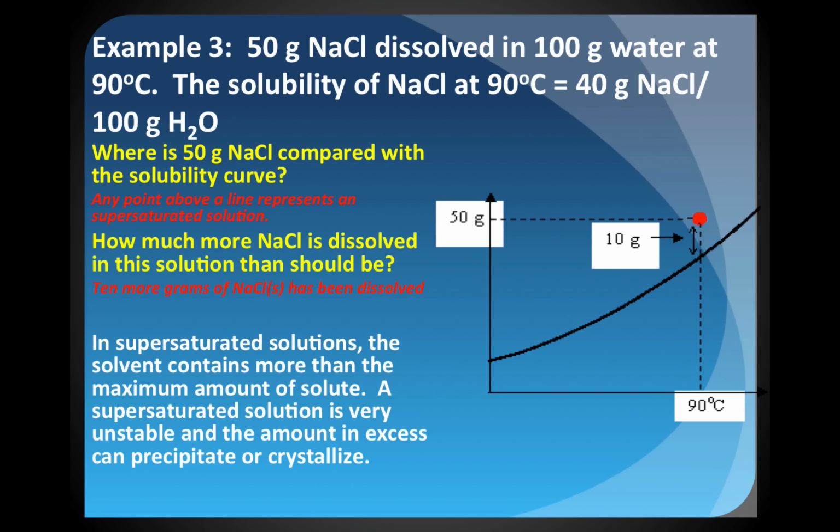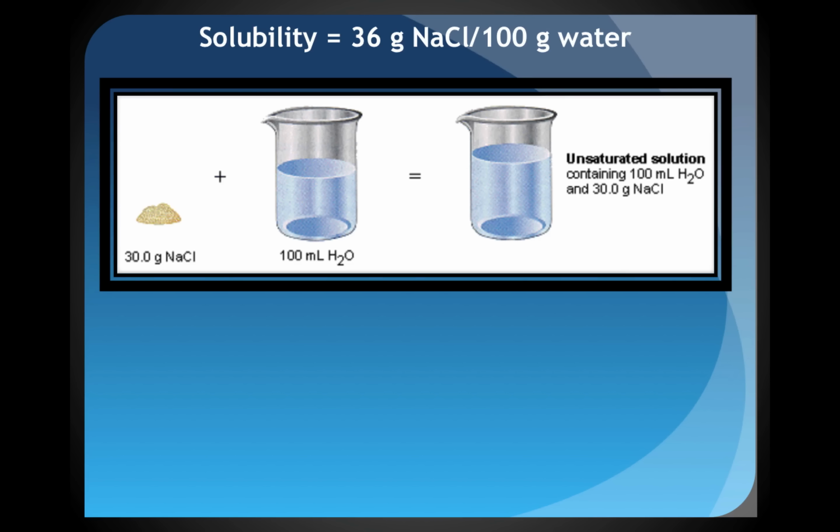Let's look at this example. The solubility of salt is 36 grams of salt in 100 grams of water for these conditions. Now, if I add 30 grams of salt to the 100 milliliters of water, remember the density of water is 1, so 100 milliliters is in effect 100 grams of water.